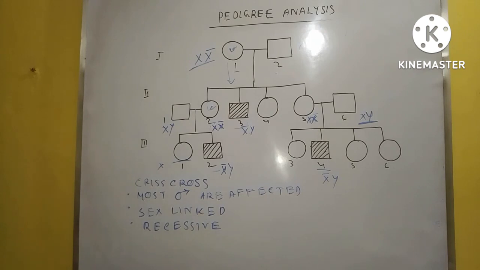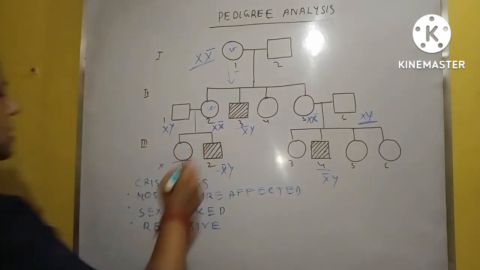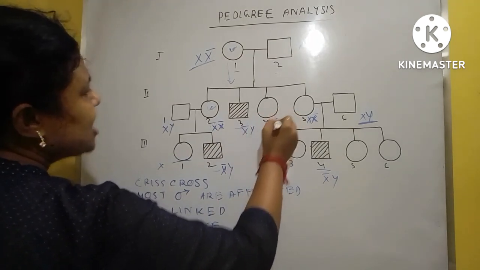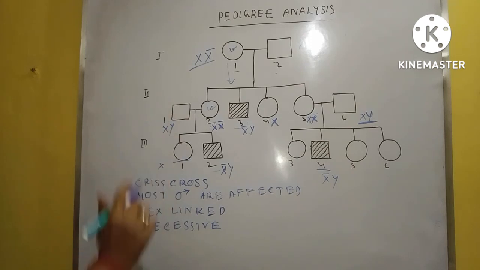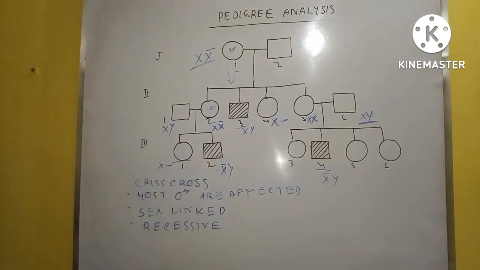So you can write X, but whether X dash is there or not, we cannot explain. These are the actual genotypes of sex-linked recessive. I think you can understand it properly.